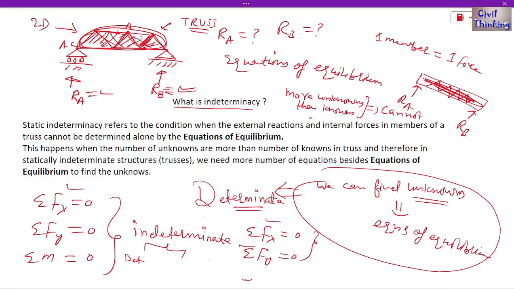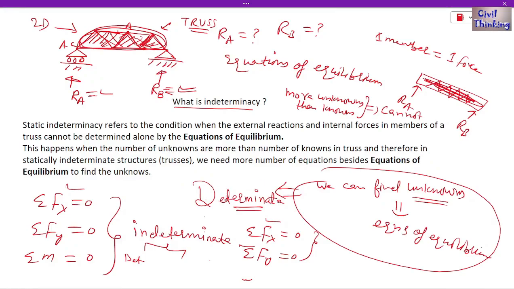So how do we get more unknowns? If we have more support reactions than the number of equilibrium equations, or more member forces, then we will not be able to find the unknowns, and that structure is an indeterminate structure.